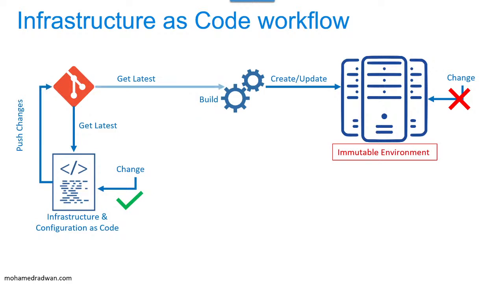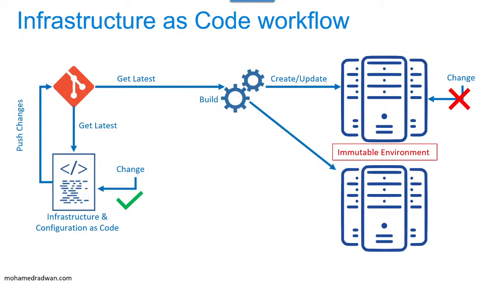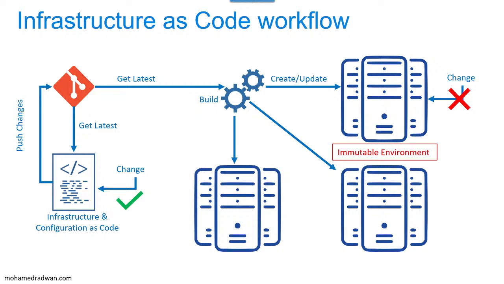For any change, I just go through the same cycle again and again. This is why if I want to replicate or produce a new environment, it is very easy, because I can trust the code and I can produce another environment and so on. And I am pretty sure that those environments are identical because they come from the same code. Does anyone have any question so far?